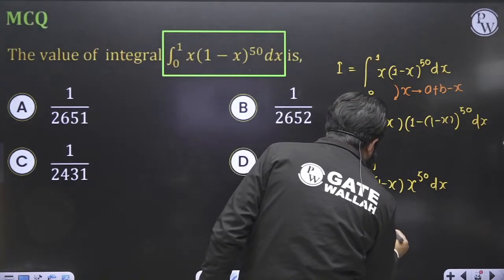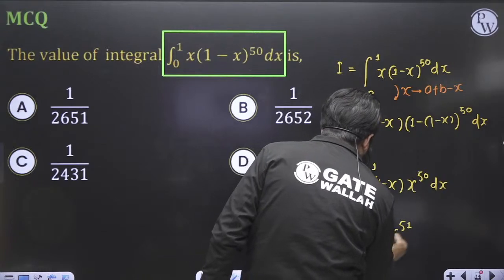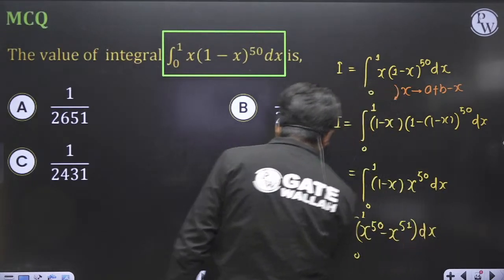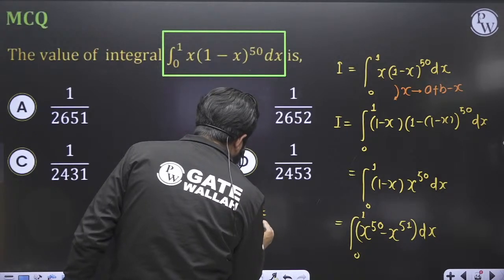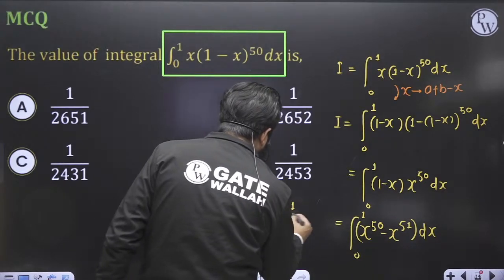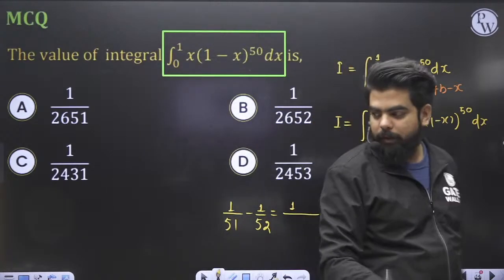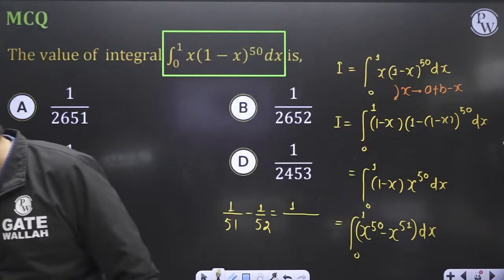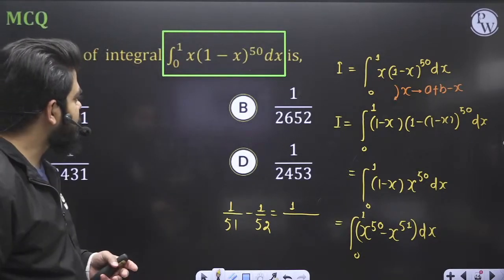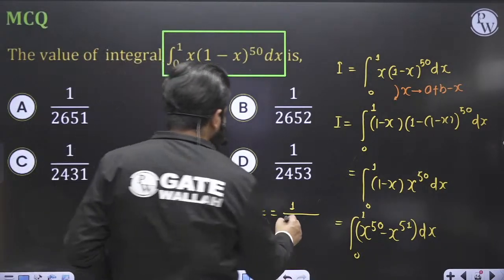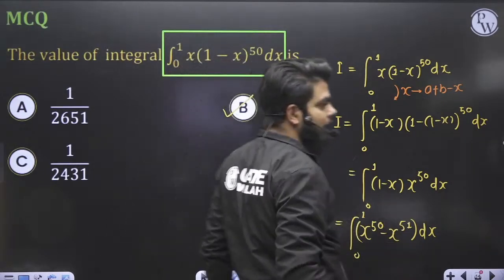This becomes x^50 minus x^51, and this you have to integrate dx. The value comes out to be 1/51 minus 1/52, or 1 divided by 51 multiplied by 52. 51 multiplied by 52, the answer will become 2652. So B option is correct, 2652, and this option is absolutely fine.